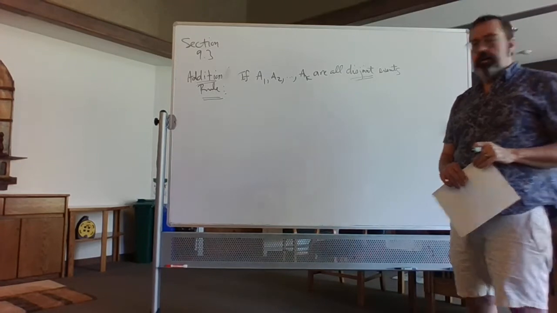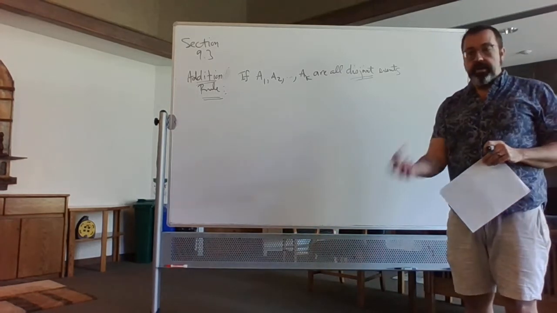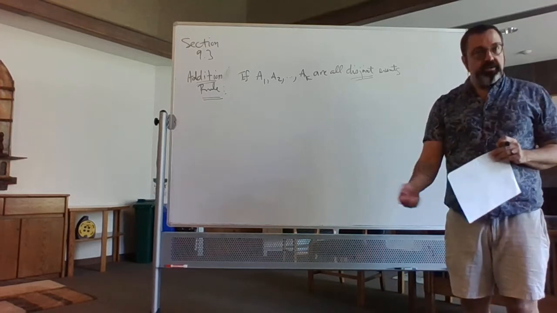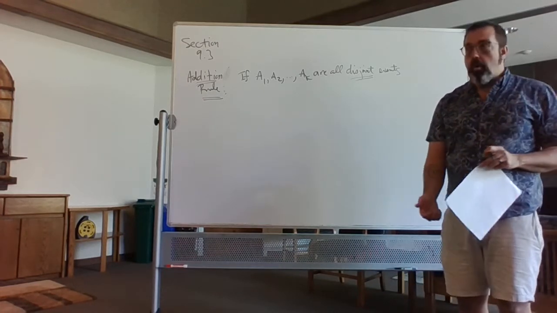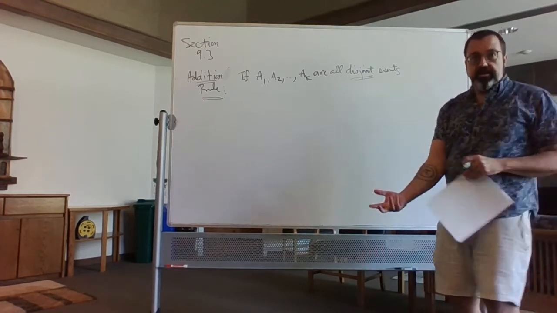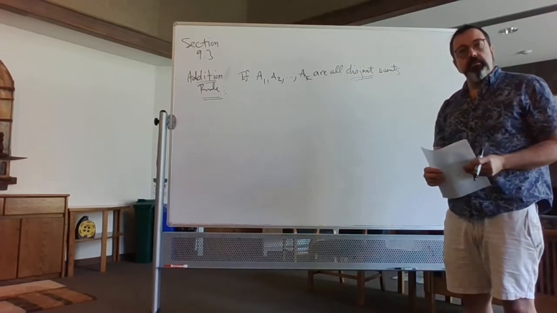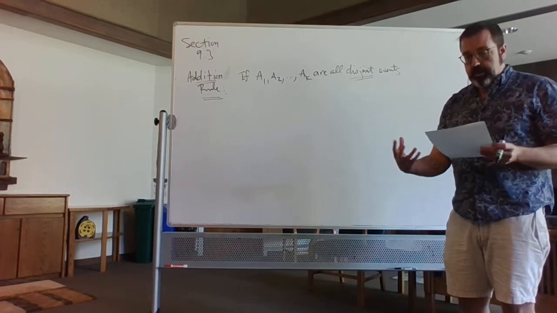They all are distinct from one another. So if I roll a die, for instance, rolling a 1 is distinct from rolling a 2, which is distinct from rolling a 3. Or rolling an even number is disjoint from rolling an odd number. Those events don't occur simultaneously, so they are disjoint from each other.